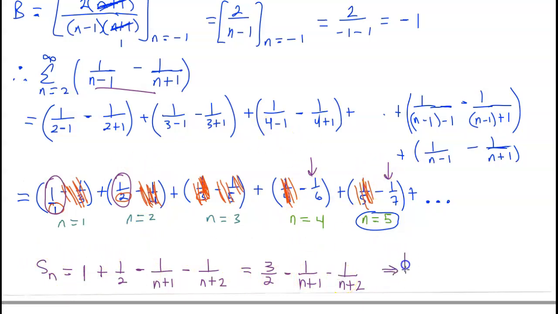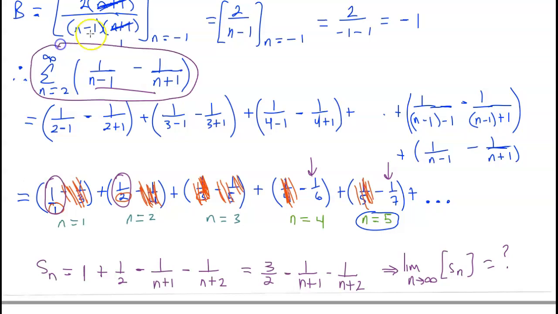Okay, so from here, the goal is to figure out what that is. And if that limit exists, then I know that the corresponding sequence that I was referring to will converge. Okay.